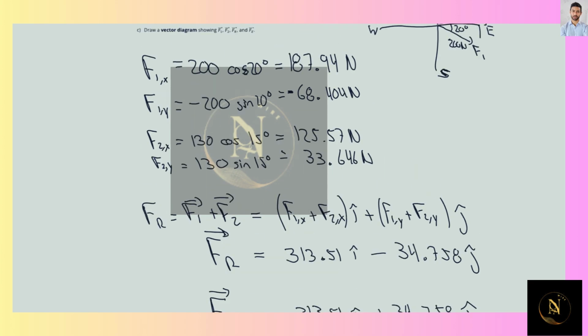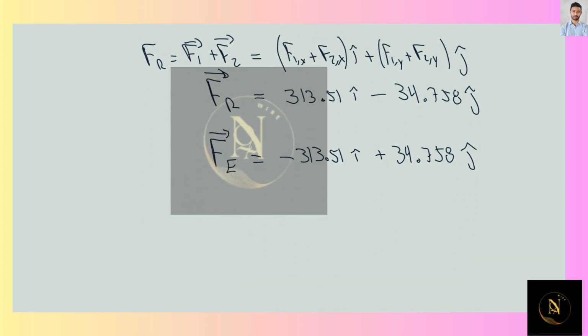And with this information, we can already do our sketches. Let me just write down F1 and F2 on the same representation just to make things easier when we want to write it down.